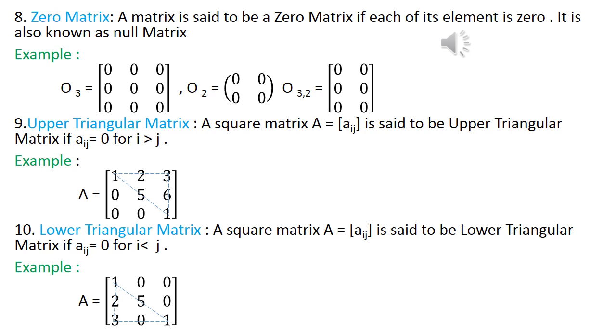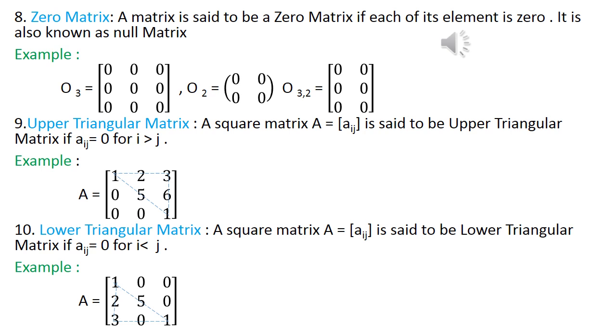Similarly, what is a lower triangular matrix? If a matrix has values in the lower part of the diagonal and all elements of the upper part are 0, we call it a lower triangular matrix. That means a square matrix is said to be a lower triangular matrix if Aij is equal to 0 for i less than j. i less than j means row value is less than column value.